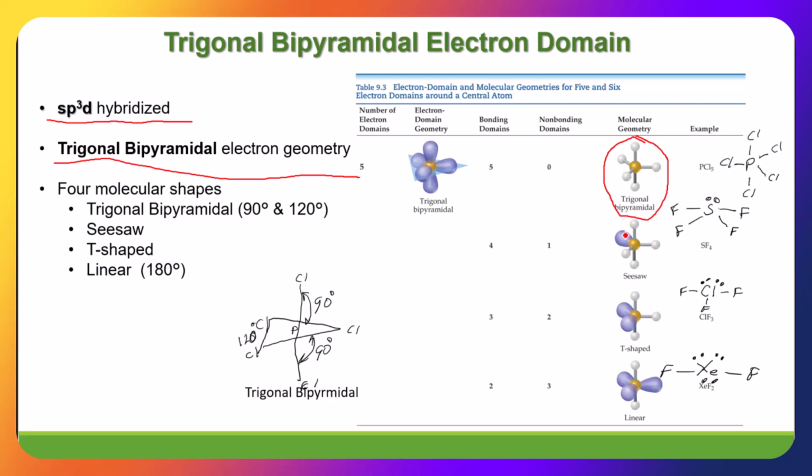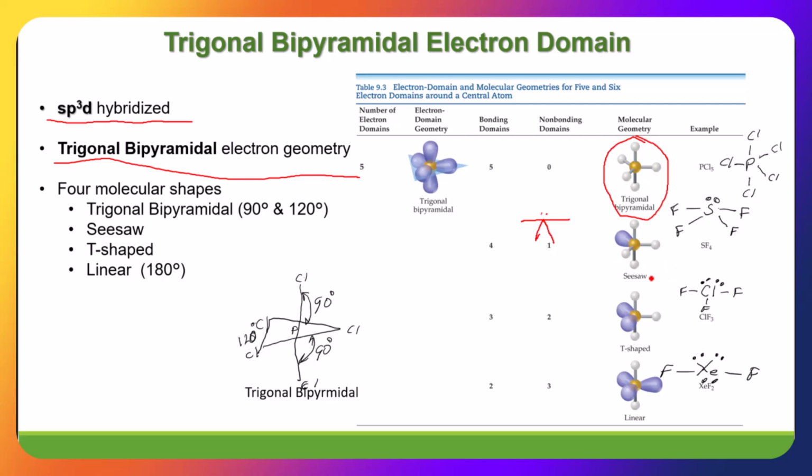However, if one of the electron domains is a non-bonding electron domain, I prefer drawing it like this because this is more recognizable. If you were ever a kid in the playground, this looks like a seesaw, and that's because there's one non-bonding pair of electrons in the trigonal bipyramidal electron geometry.